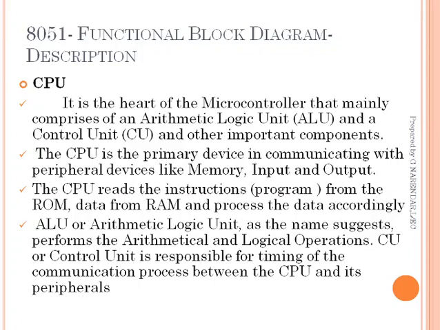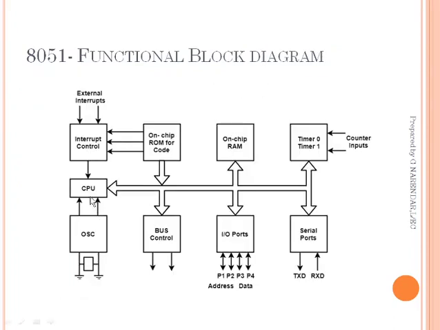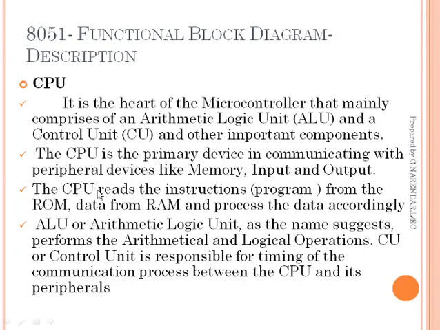The CPU is the same for your microcontroller. It will not occupy the entire microcontroller, but it is a small part here. But you can see that the CPU connects to everything, whether it is the interrupt controller, oscillator, bus controller, on-chip RAM, or ports. It is connected to every other functional block.